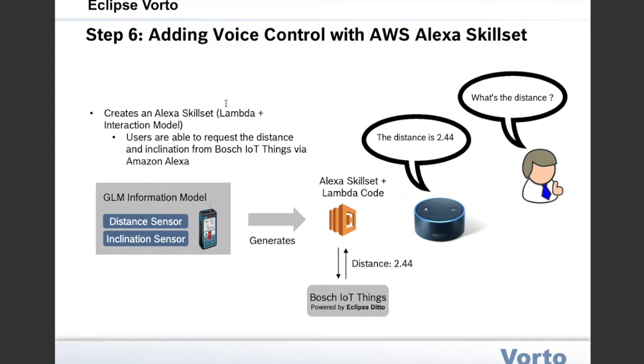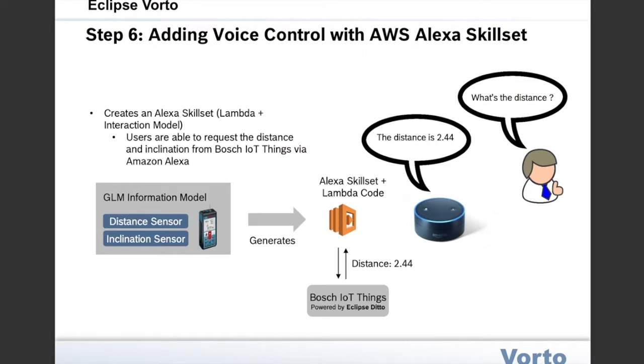So this is completely generated out of the information model as well. So you'll be able to ask Alexa to say what the distance is, and Alexa would read the value from the Bosch IoT things and return it back to the user.